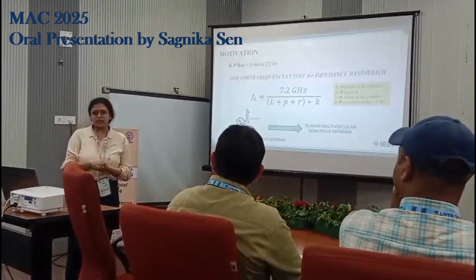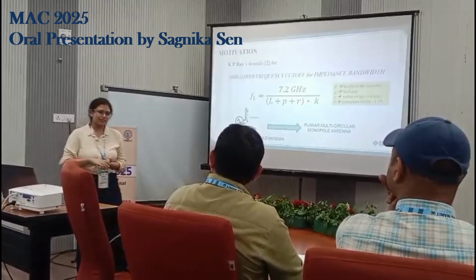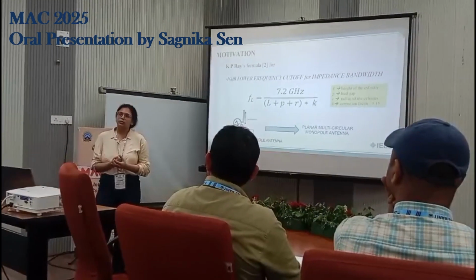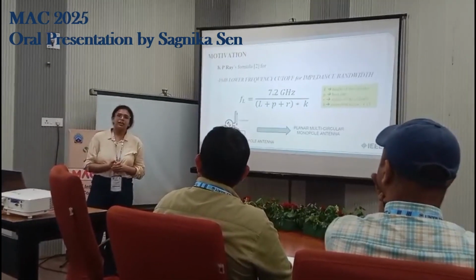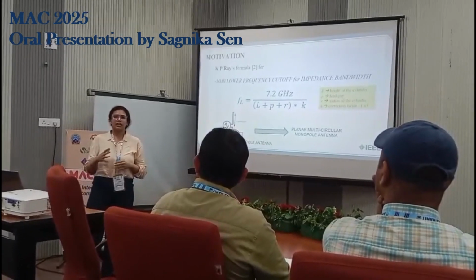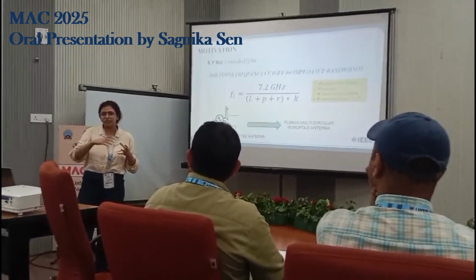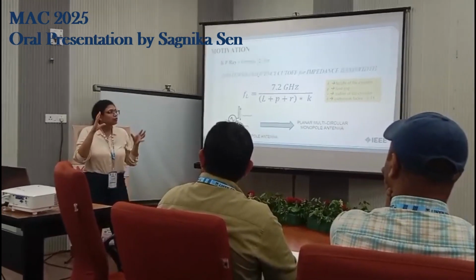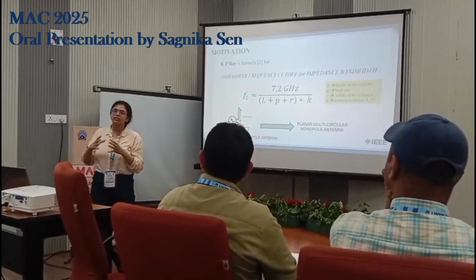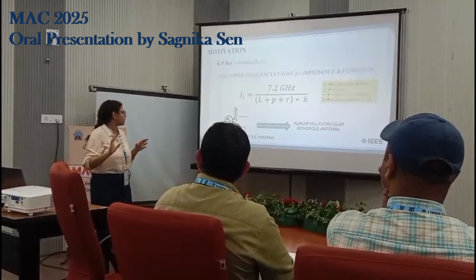So, when I speak of my motivation, I read through the works of Professor K.P. Ray, where in one of his works, he proposed a relationship between the lower cutoff frequency of the impedance bandwidth and the dimensions of a traditional wire monopole antenna.